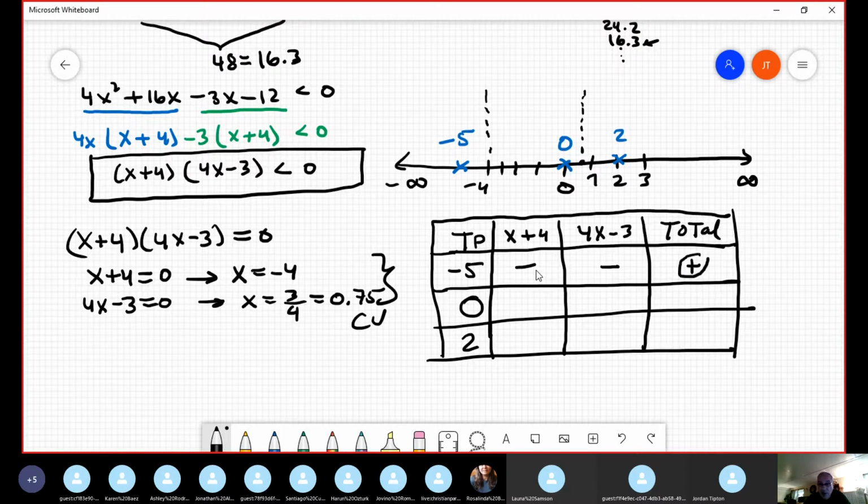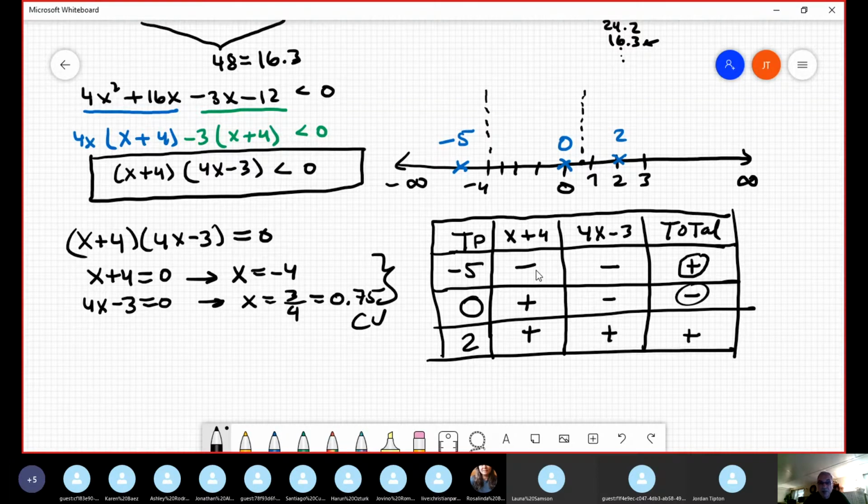If you want, I enclose the total in a circle. This is my way, you can do your own way. You understand, any smart way. 0 is positive and 0 is negative, so negative. And 2 is positive because it's 6 and 2 is 8, minus 8 positive.